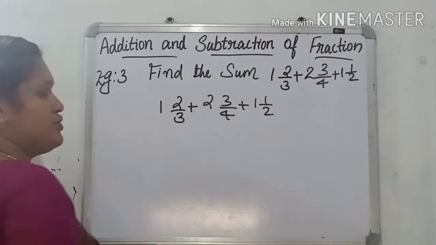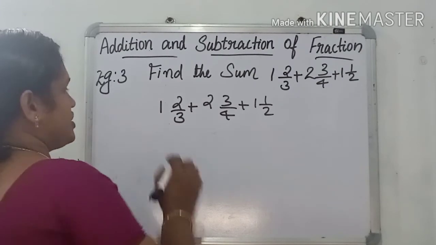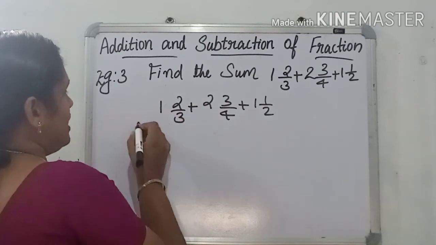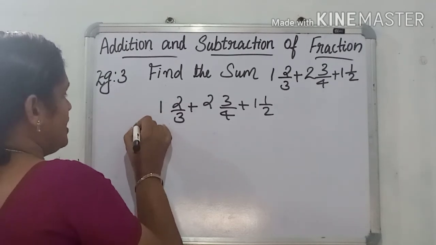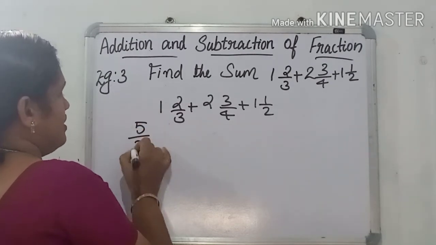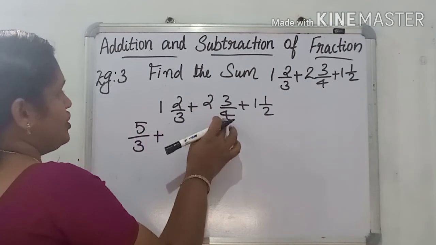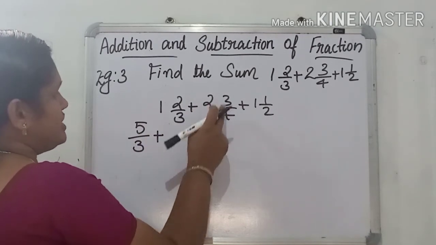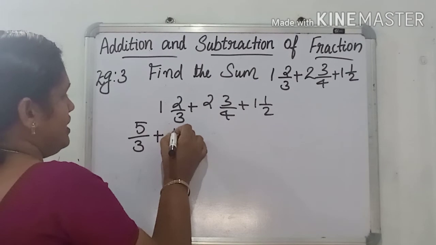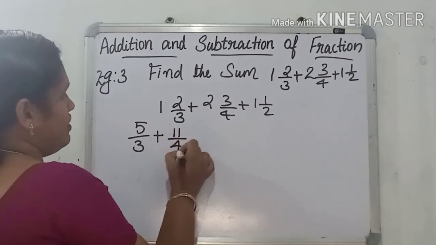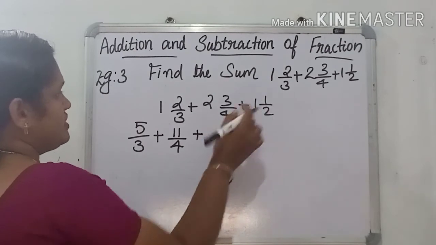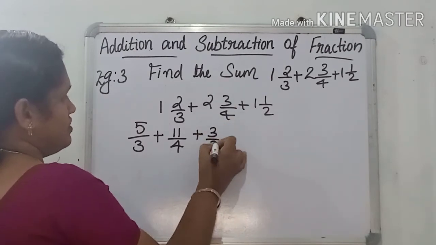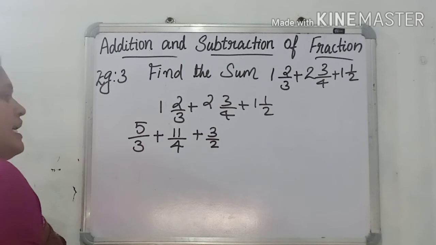First we have to convert them into improper fraction. 1 into 3, 3, 3 plus 2, 5, 5 by 3 plus 2 into 4, 8, 8 plus 3, 11, 11 by 4 plus 1 into 2, 2, 2 plus 1, 3, 3 by 2. All are unlike fractions.